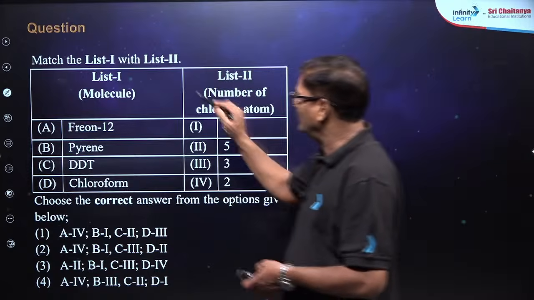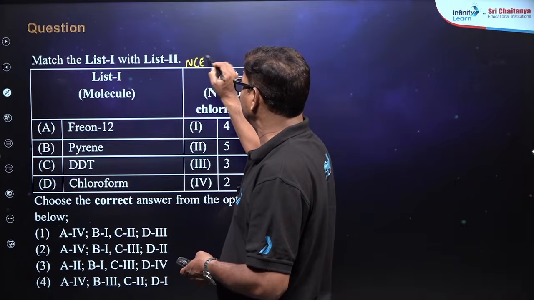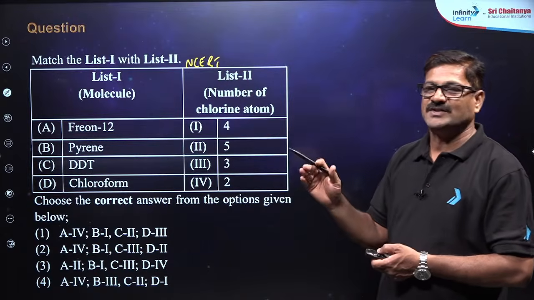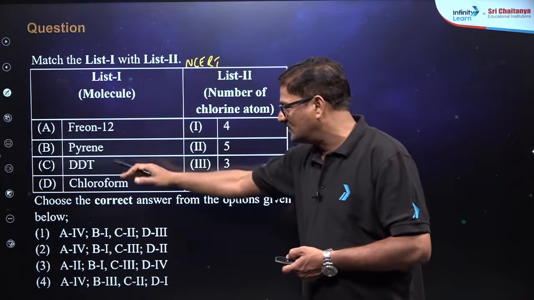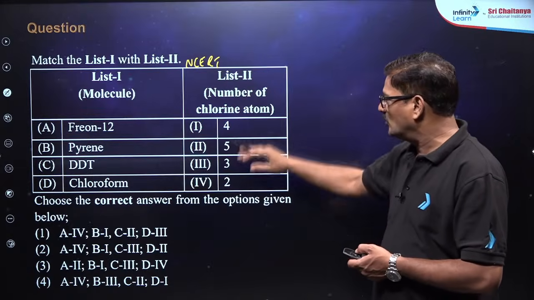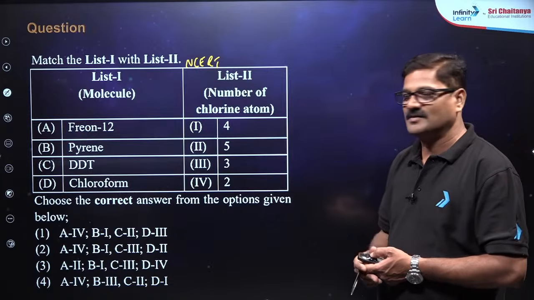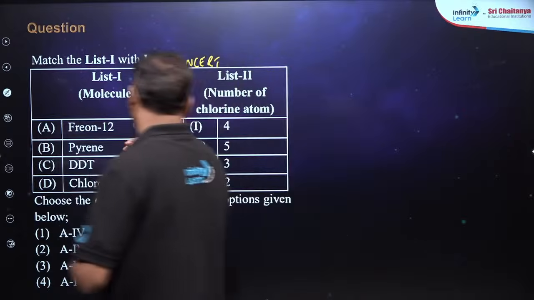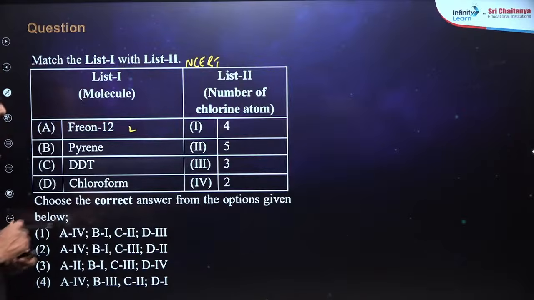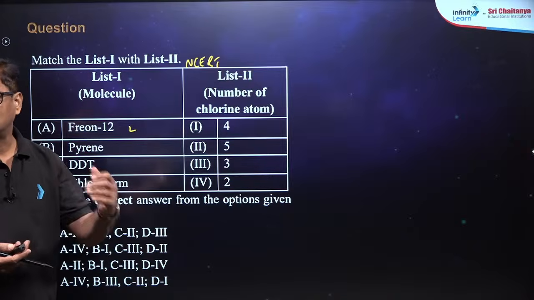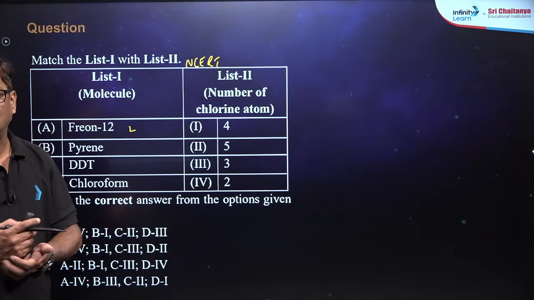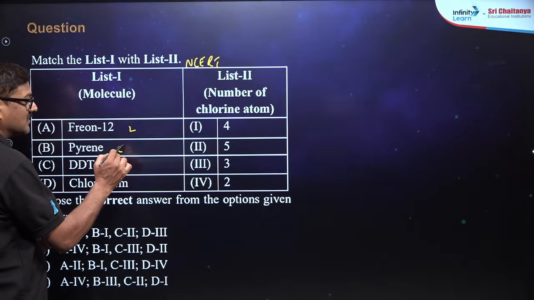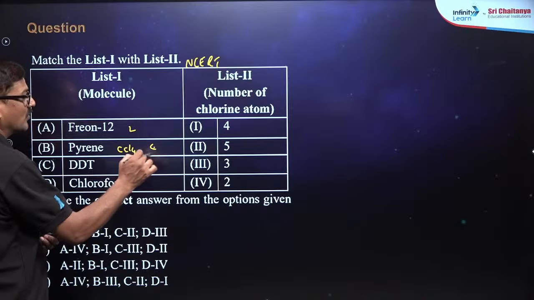It is directly based on NCERT. CH2Cl2. So the molecule is given. Number of chlorine atoms. So freon 12, CH2Cl2, it has 2 chlorine atoms. Pyrene. What is the pyrene? Pyrene is the commercial name of carbon tetrachloride, CCl4, it has 4 chlorine atoms.